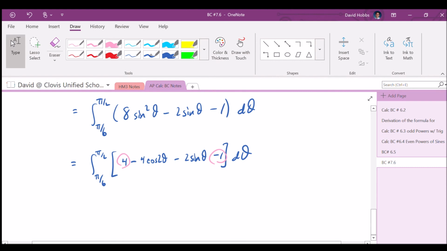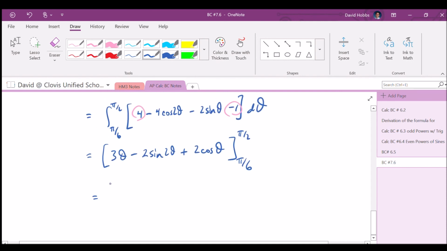We can go ahead and take care of that. So we have 3 theta. The minus 4 cosine 2 theta. Okay, so the cosine 2 theta, that's the derivative of sine 2 theta with adjustments. So this would be minus 2 sine 2 theta and minus 2 sine theta. So that's the derivative of plus 2 cosine theta from pi over 6 to pi over 2.